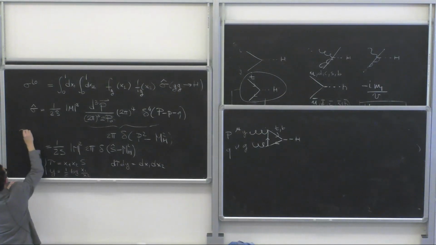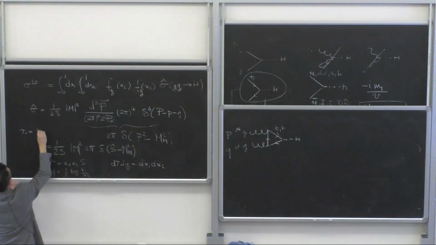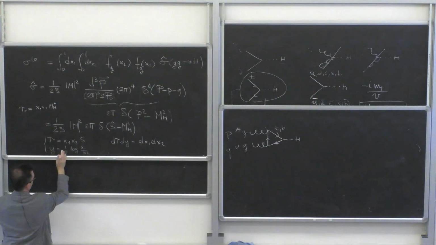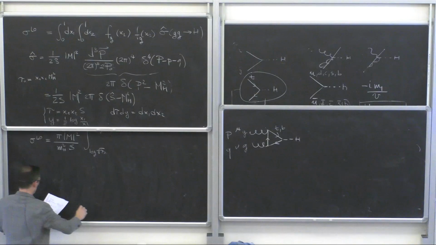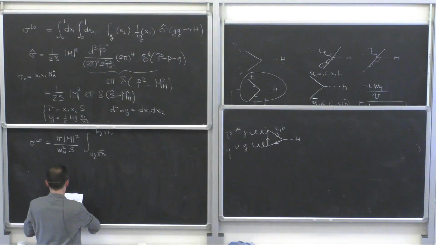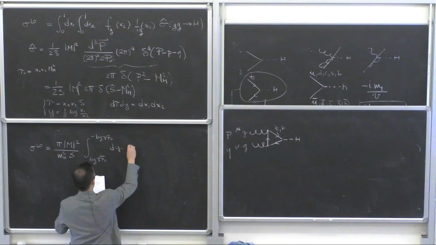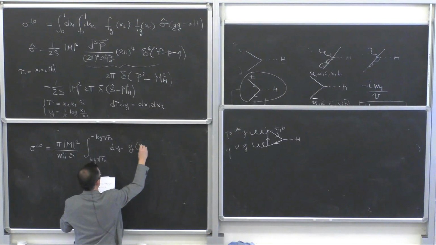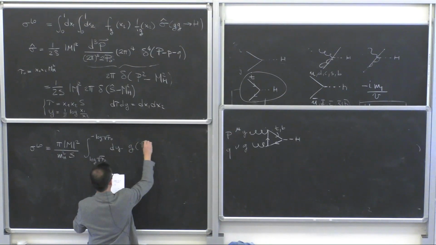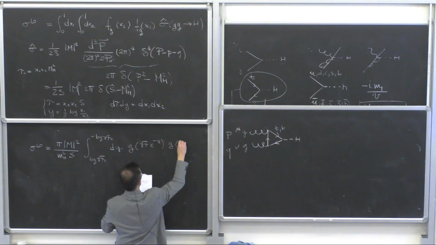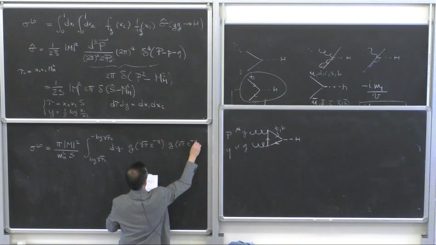Tau 0 is x1, x2 mass of the square. And then I get dy g, if you want. So let me write it in the right way. And g, right, tau e plus y.